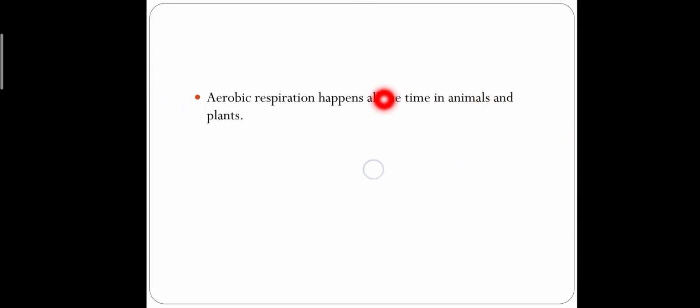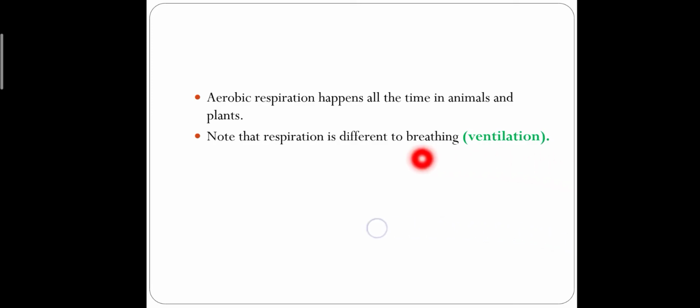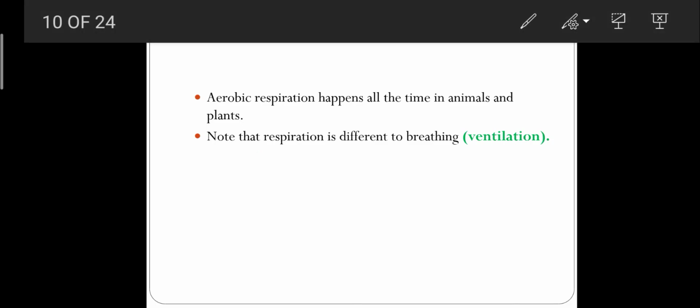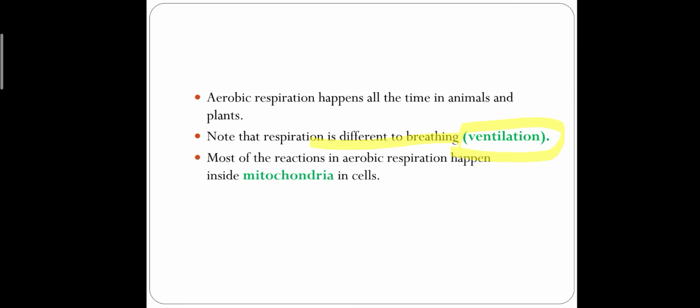Aerobic respiration happens all the time in animals and plants. Here is an important note: respiration is different from breathing, because breathing is known as ventilation, in which oxygen comes in and carbon dioxide goes out, while respiration is a different phenomenon.